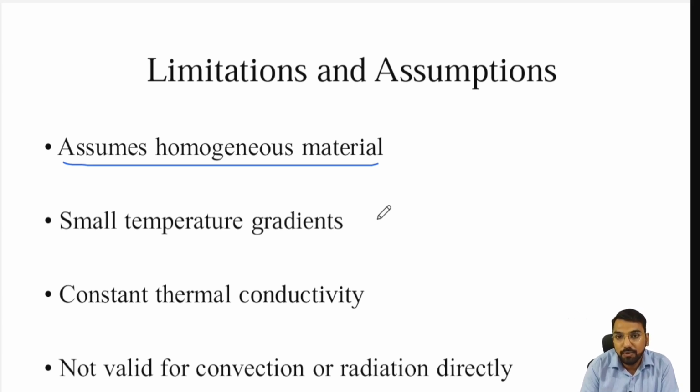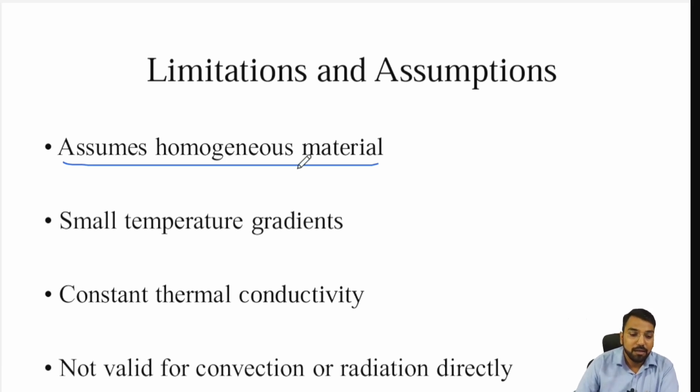Okay, so in Fourier's law we can't simply predict the heat transfer for a non-homogeneous material, and for that we would have to take some derivations and considerations of Fourier's law, but that is not within the scope of this course right now. So that's why we have assumed that every material is homogeneous to calculate heat transfer with this Fourier law.